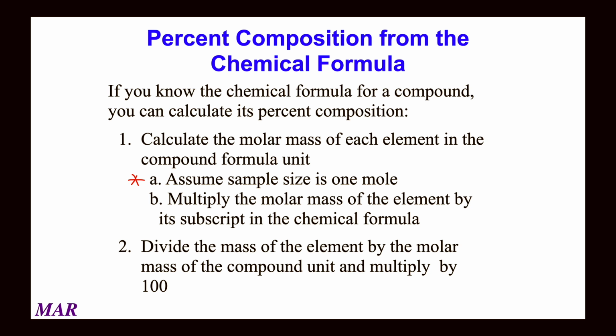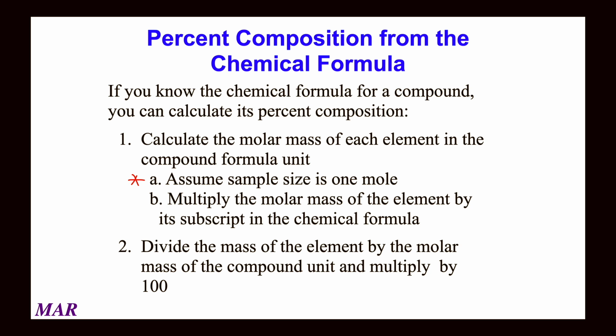The 18 number would go on the bottom. Now, if you were looking for percent hydrogen, the element hydrogen would go on the top. There are 2 hydrogens, and each hydrogen is about 1 gram per mole. So percent hydrogen in water would be 2 times 1, representing the grams of hydrogen, divided by 18, the molar mass of everything, times 100%.